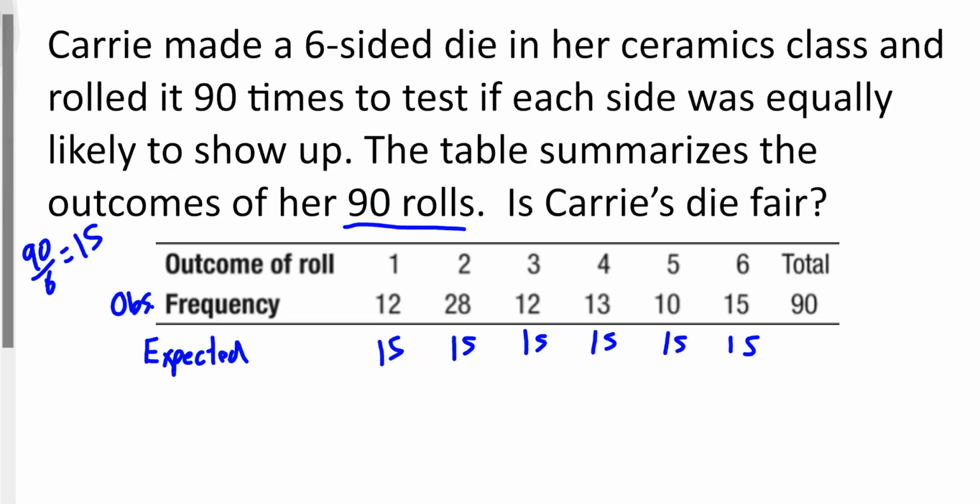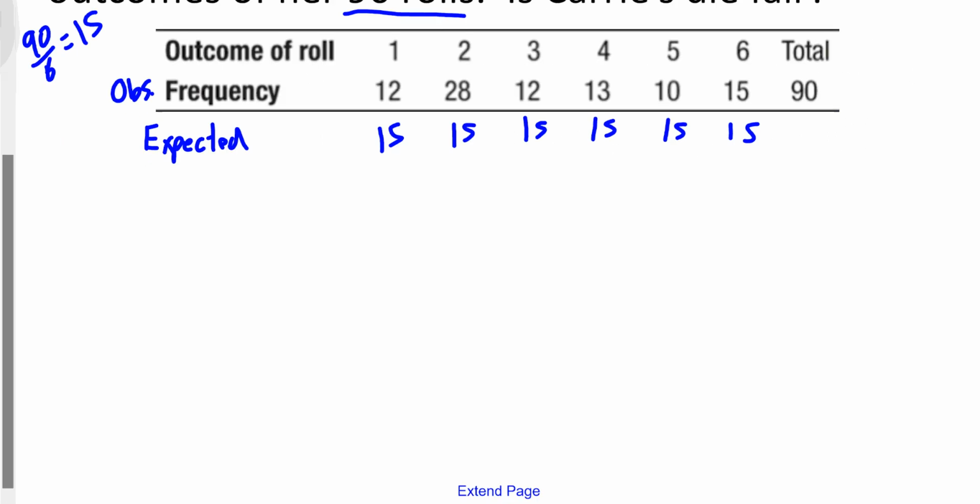So we're going to go back. For this one, since this is the data that we have, I'm going to start off by stating our hypotheses. I'm going to say my null hypothesis is that all die outcomes are equally likely. I could say are all 1/6 if I wanted.